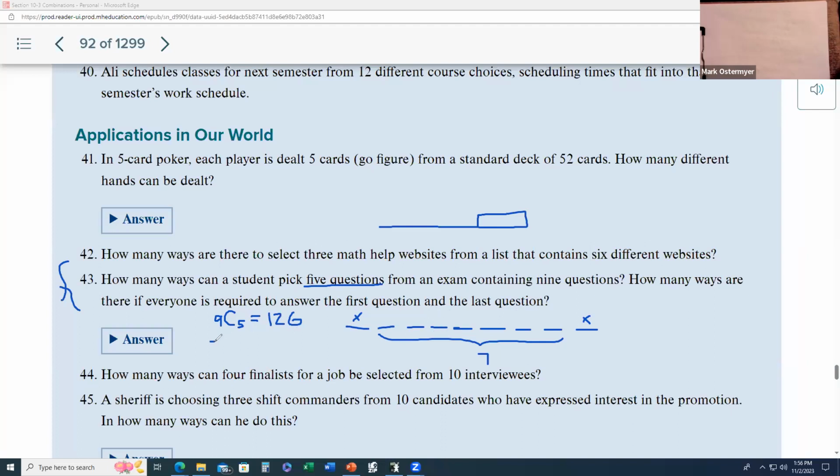So therefore, it'd be 7 in combination with 3 ways of choosing the last 3 questions among 7 choices. And that would give you, I believe, what? 35 different ways of finishing this exam by answering 3 of the 7 remaining questions. Order does not matter. All right, did we all get that there? Just making sense here?